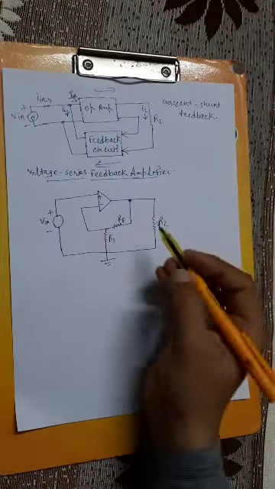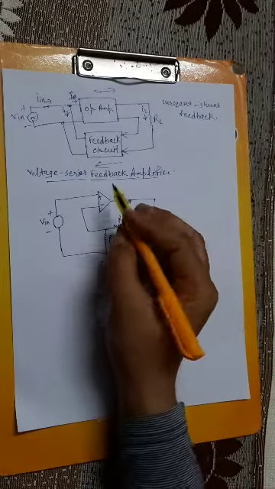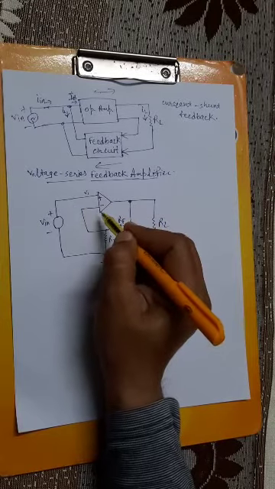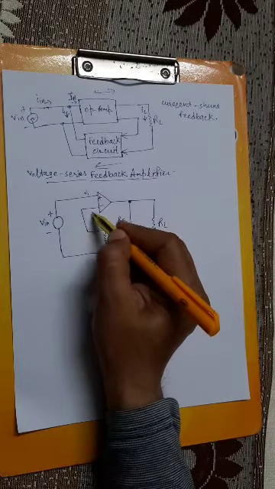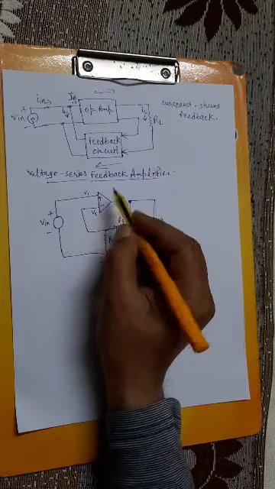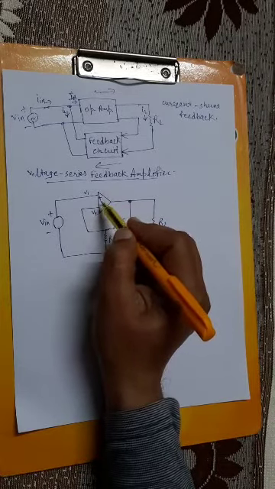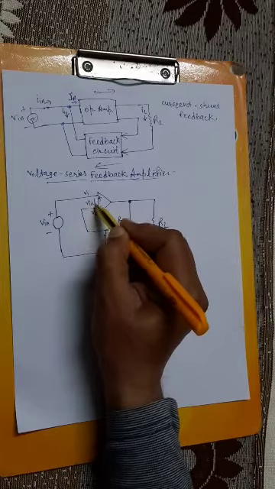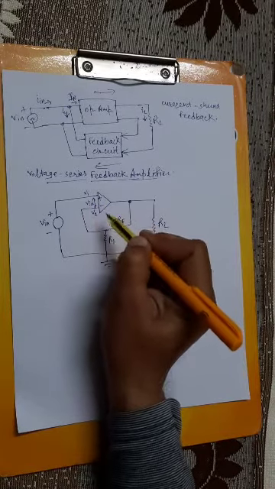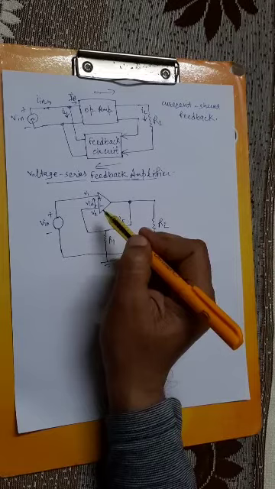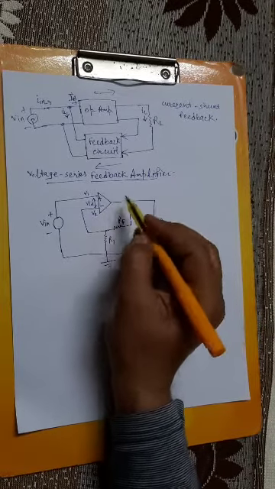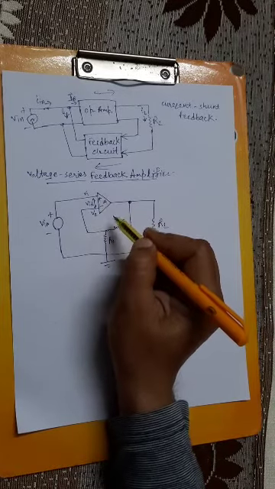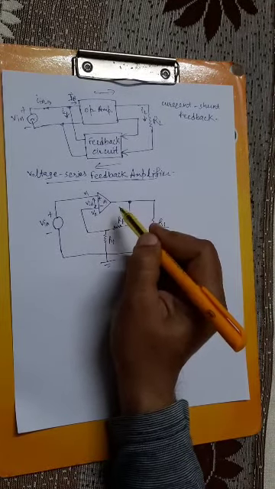Okay, so here on the non-inverting terminal V1 is applied, and on the inverting terminal V2 is applied, and what will be the actual voltage applied? The difference voltage VID. Okay, VID is equal to V1 minus V2, and the open loop gain or large signal gain A will be shown here.